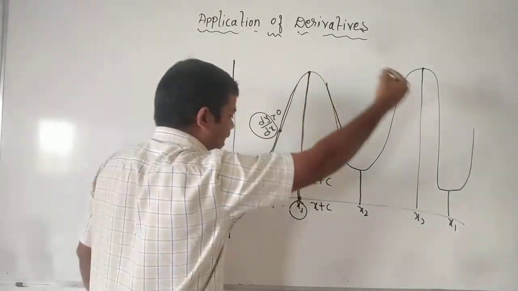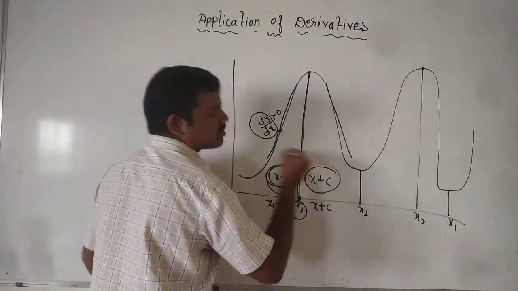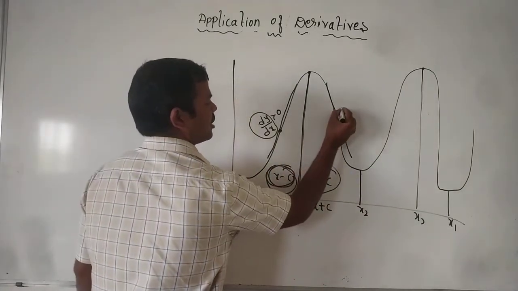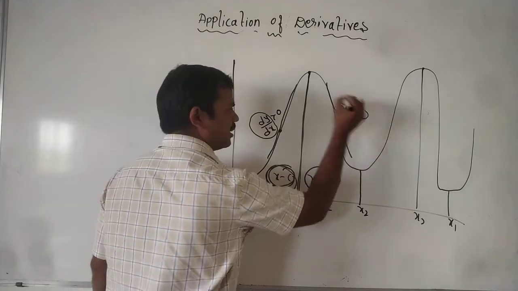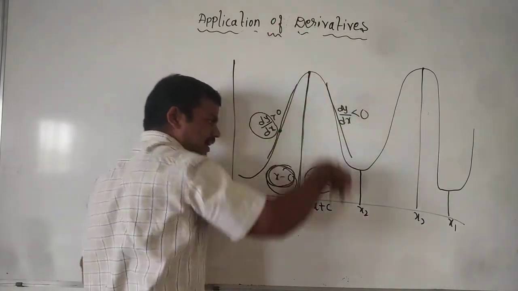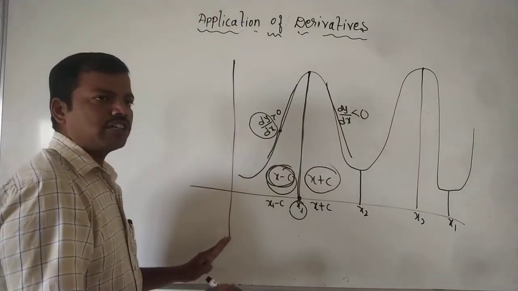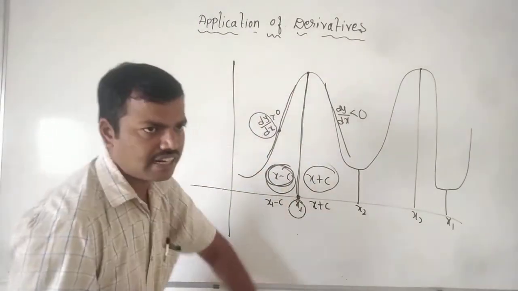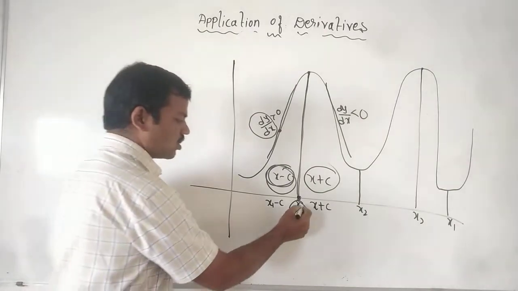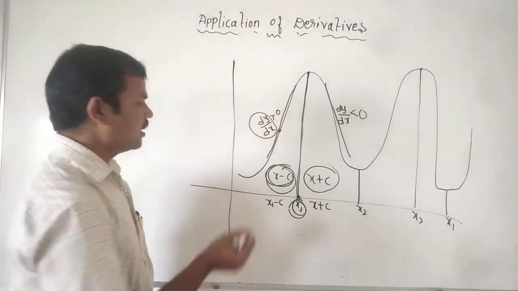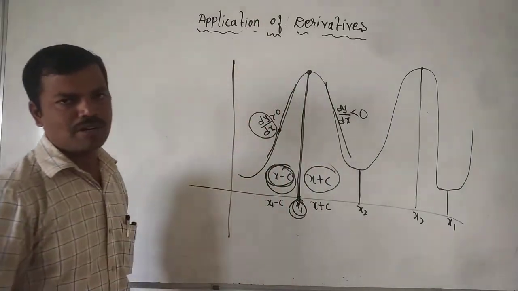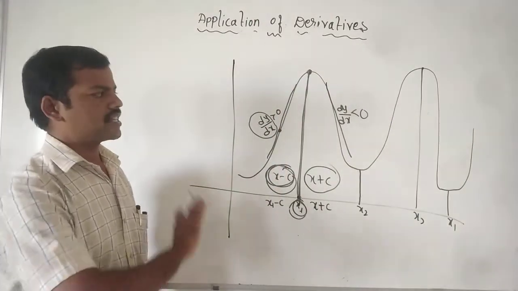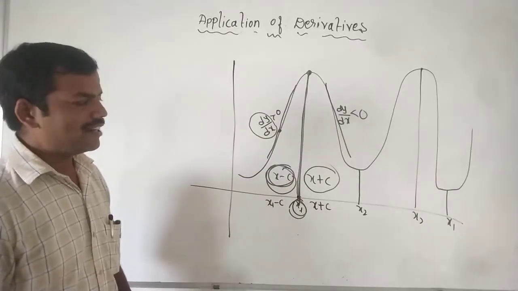Then on the right side, for x plus c, the first derivative dy by dx is negative, so it is decreasing. So if any function increases and then decreases, that point is called a maximum point, and the value of that function is called the maximum value.